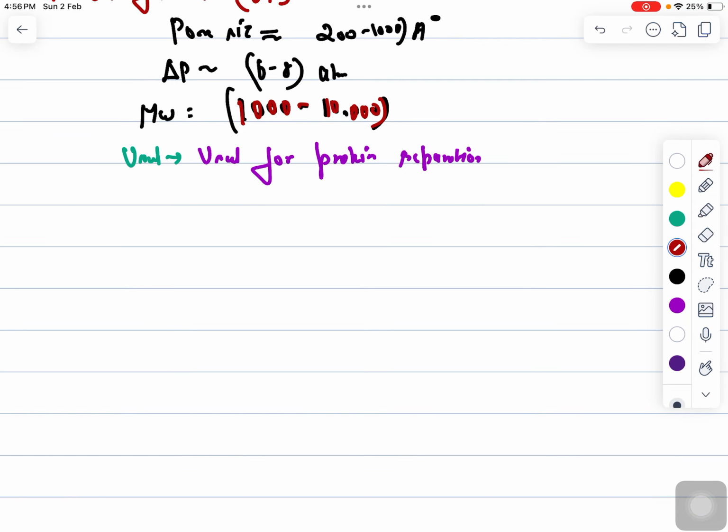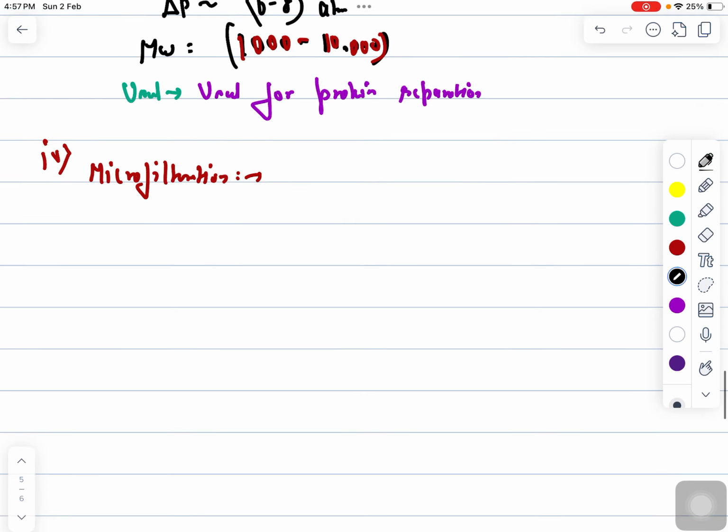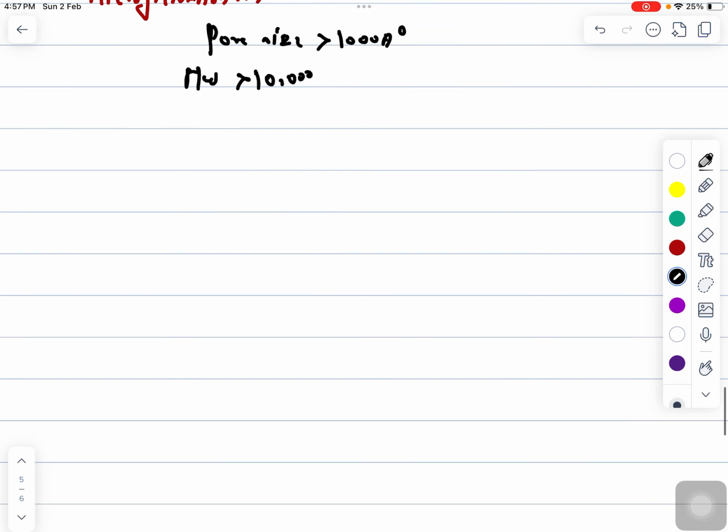Now moving towards the last point, that is microfiltration. When we talk about microfiltration, here you will see pore size will be greater than 1000 angstrom and molecular weight of solute can be greater than 10,000, and the pressure drop that can be applied here will lie between 2 to 4 atm.